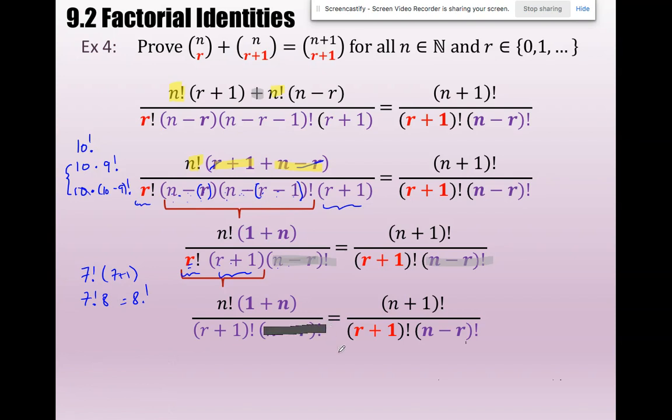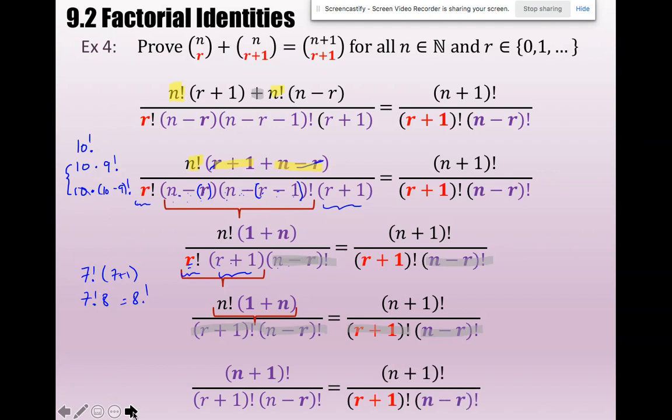I had my n minus r factorial, and now I got my r plus 1 factorial. Oh, snap. My denominators match. Now I just have to get my numerators to match. Well, do you see what's happening there? N factorial times 1 plus n factorial is the same as n plus 1 factorial for these same reasons. Whoa. Done and done.